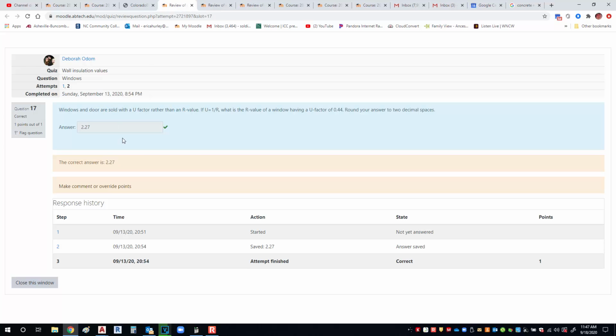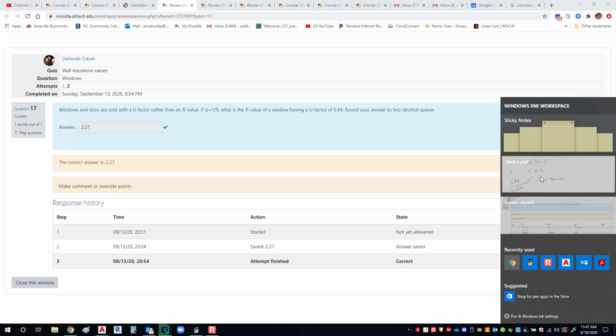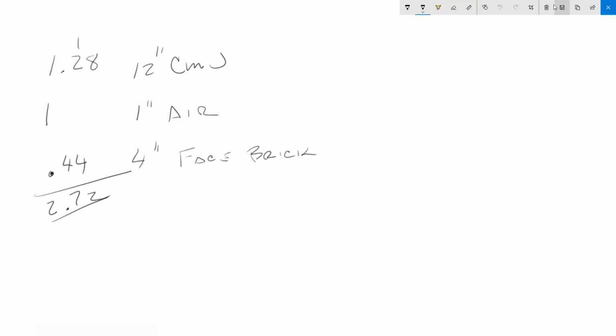Okay, windows and doors are sold with a U factor rather than an R factor. If U is equal to 1/R, what is the R value of a window having a U factor of 0.44? Round your answer to 2 places. All right, so let's look at this. It's very simple.